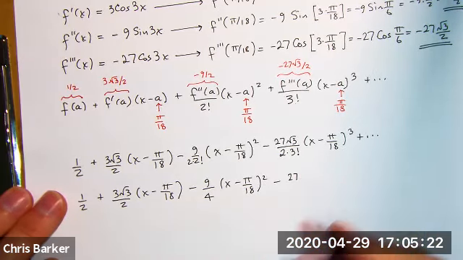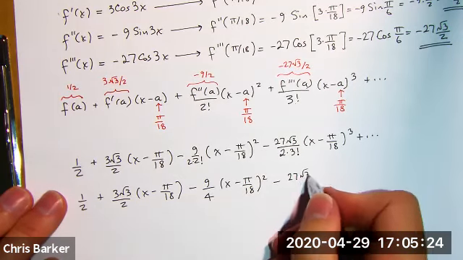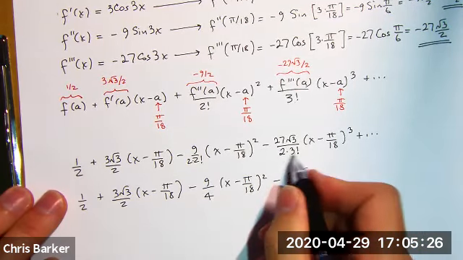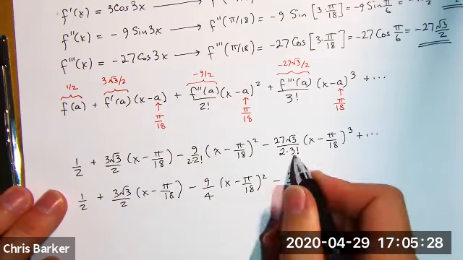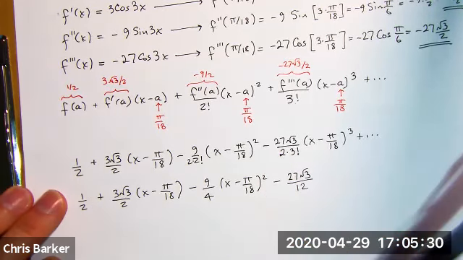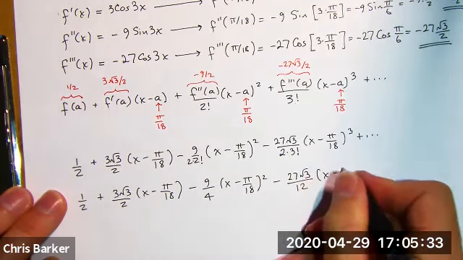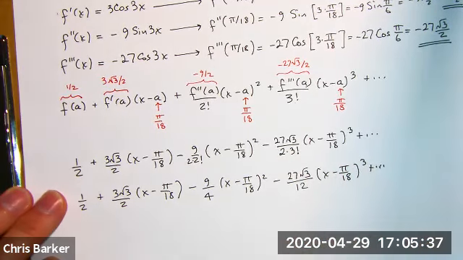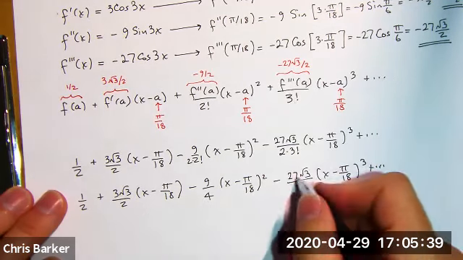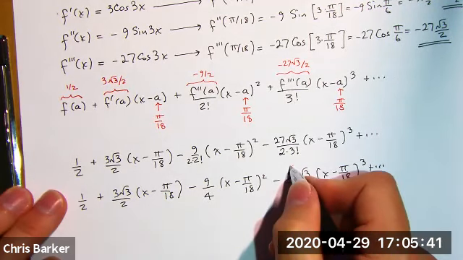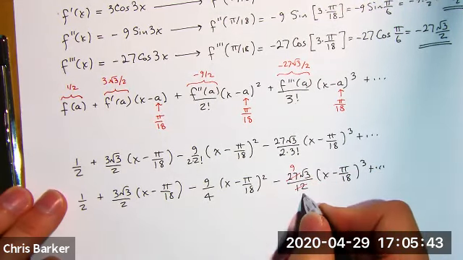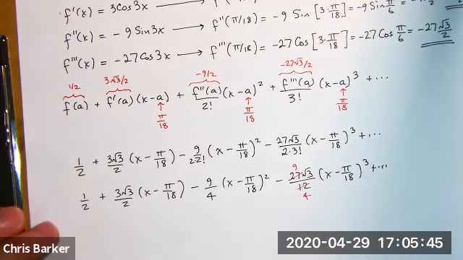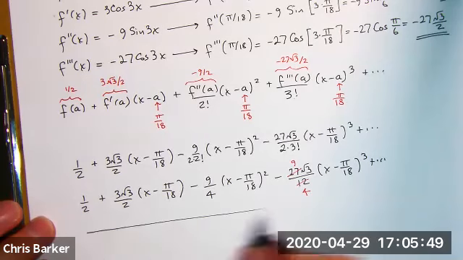Actually, I can do some reducing here. 2 times 6 is 12, but 27 and 12 have a common factor in them, don't they? Yes. They both have a 3 in them. So I could reduce that. 3 and 3. 3 goes into this 9 times. 3 goes into this 4 times. So that's basically the final answer. I'm not going to write it out again, but you get the idea. That's it.